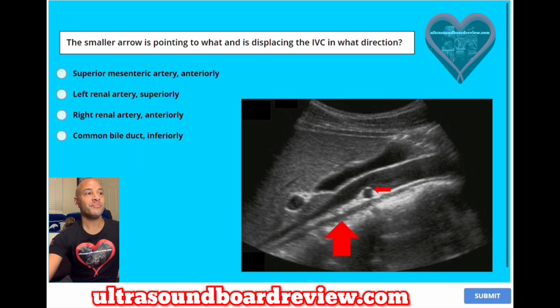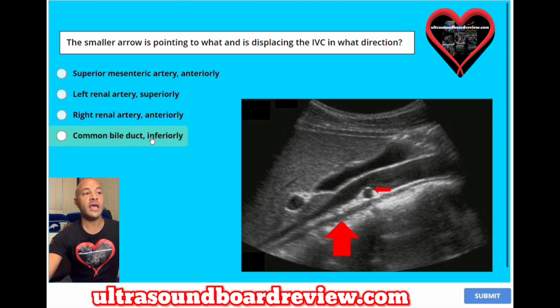Question 140. The smaller arrow is pointing to what and is displacing the IVC in what direction? A, superior mesenteric artery and anteriorly, B, left renal artery and superiorly, C, right renal artery and anteriorly, or is it D, common bile duct and inferiorly?